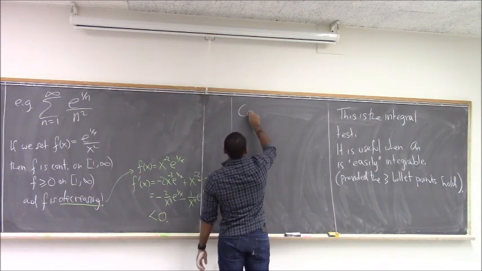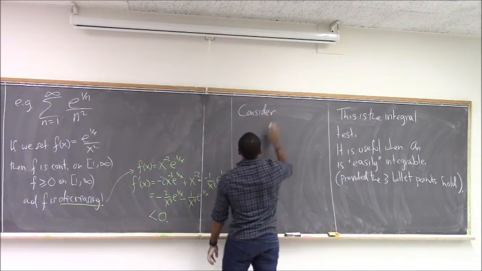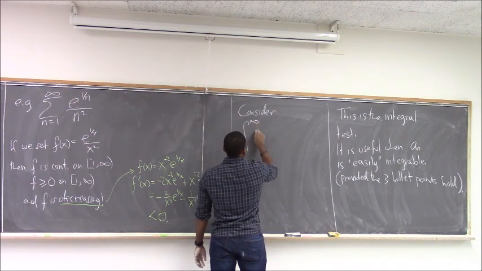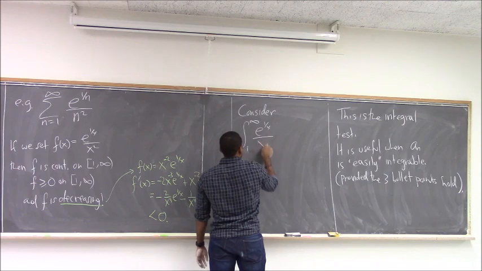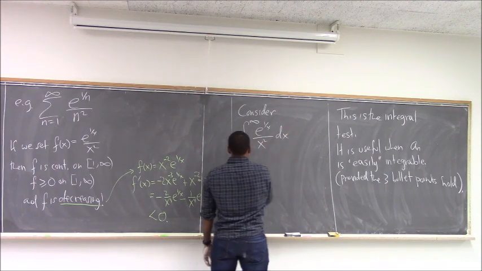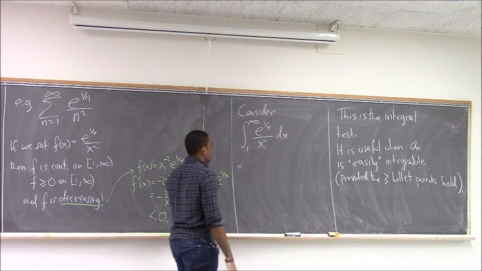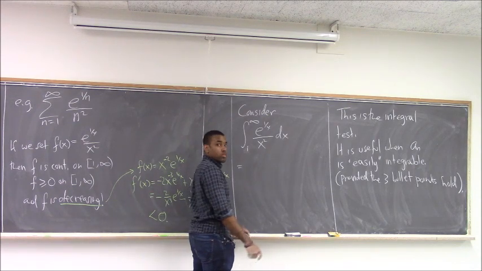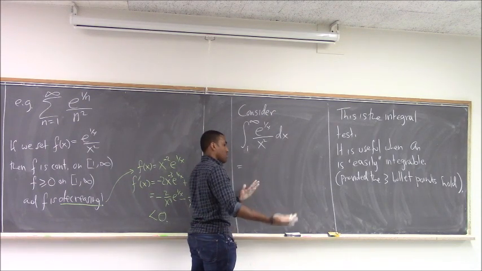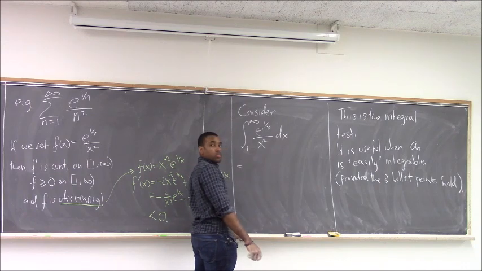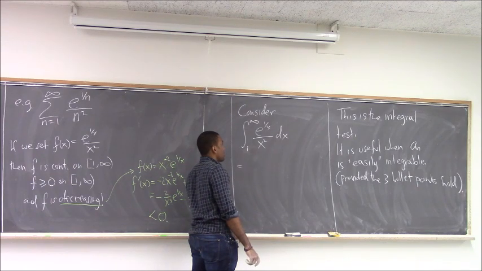So now, if you consider this integral from 1 to infinity of e to the 1 over x squared, how do you do that integral? Can you set u equal to 1 over x?